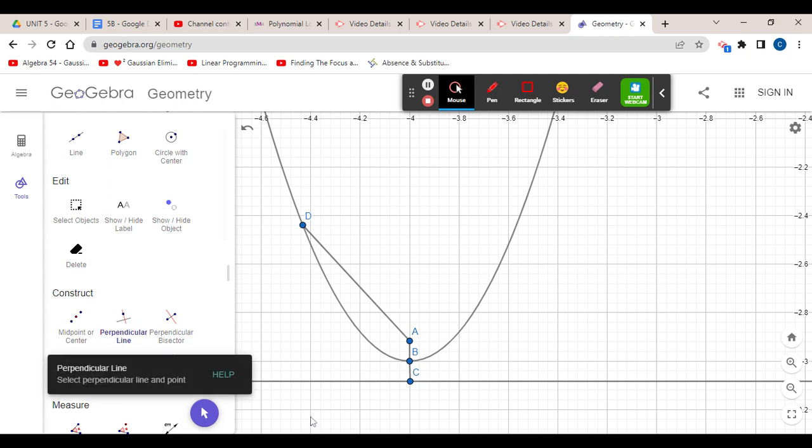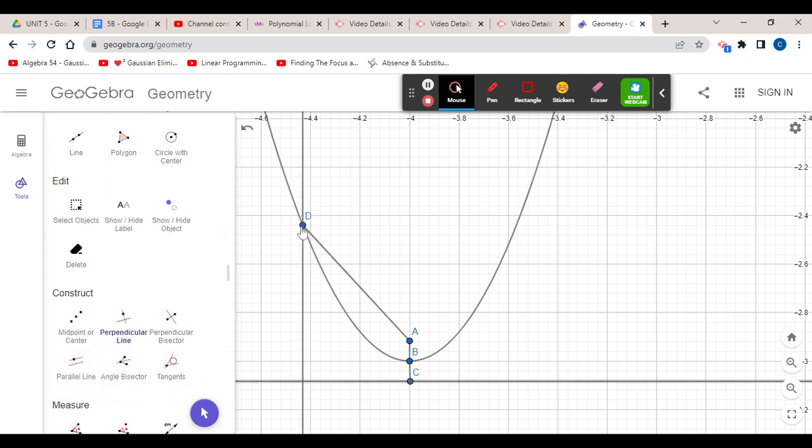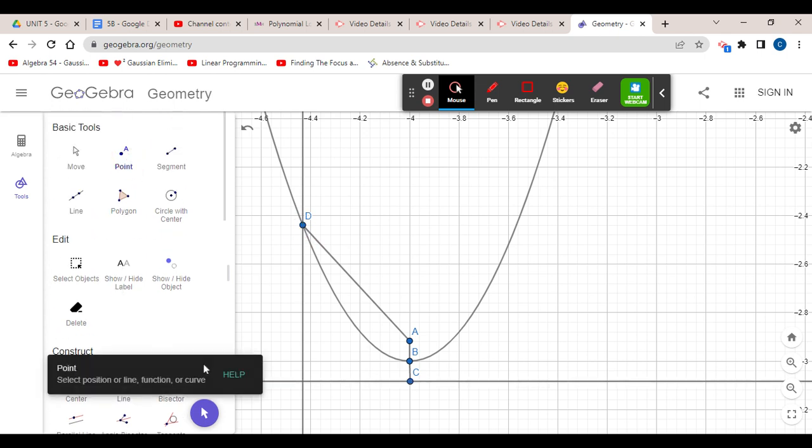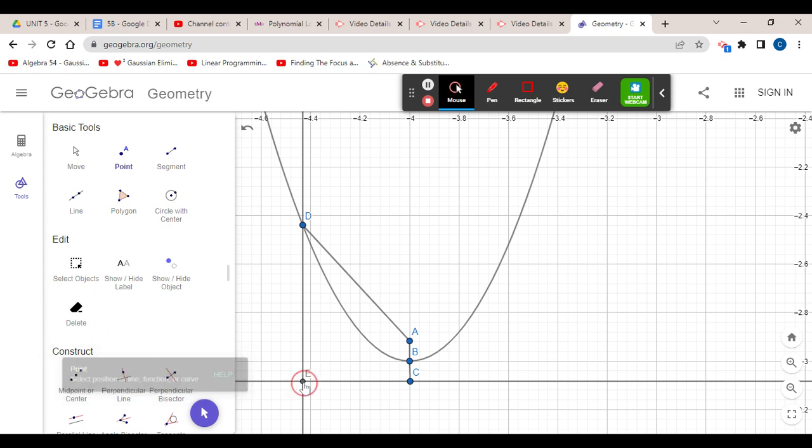So I'm going to hit my directrix and D, and make a point where those two meet. Now, again, the rule should tell us that D to A has the same distance as D to E.